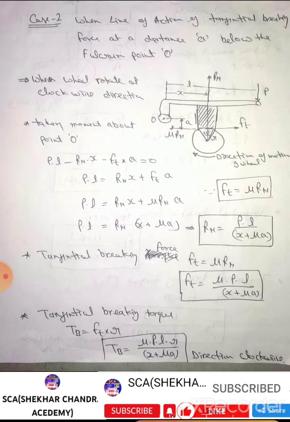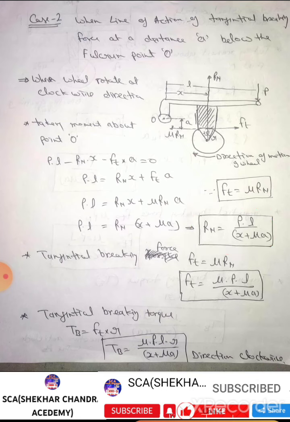Now, tangential braking force Ft is equal to mu Rn. Here, the value of Rn is put into the tangential braking force equation.